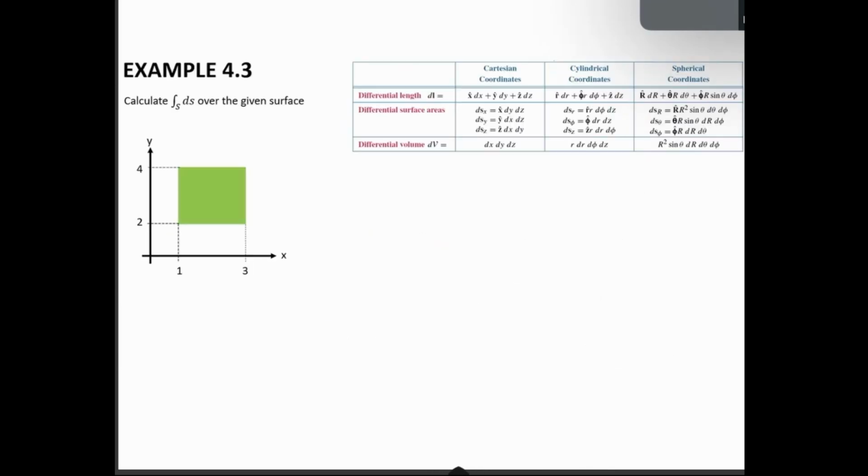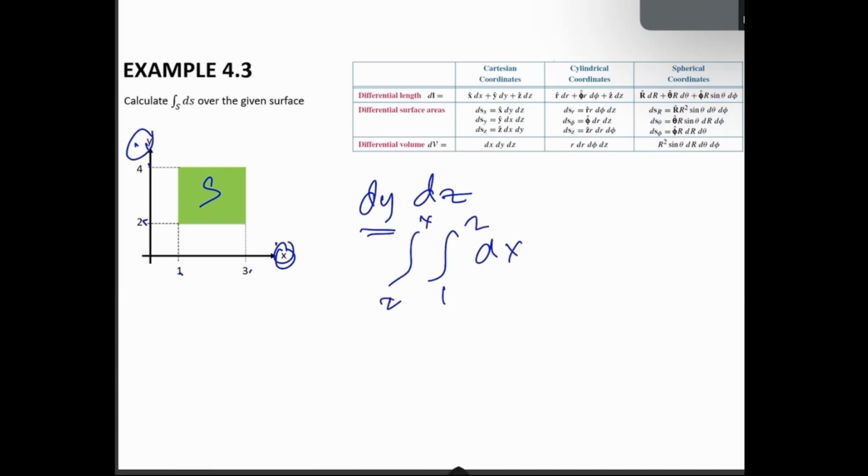This one is for Cartesian, x, y and z. With x and y, it means that z is constant. So we have dy and dx. So the surface is equal to the integral of dy from 2 to 4, dx from 1 to 2.